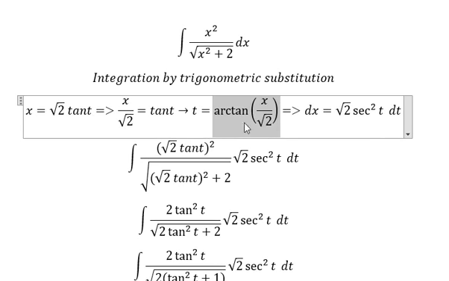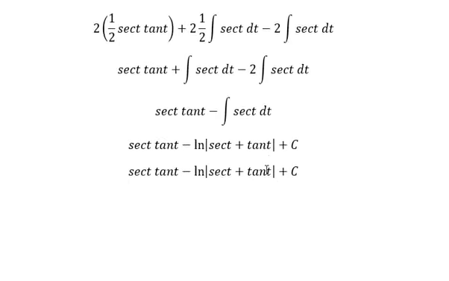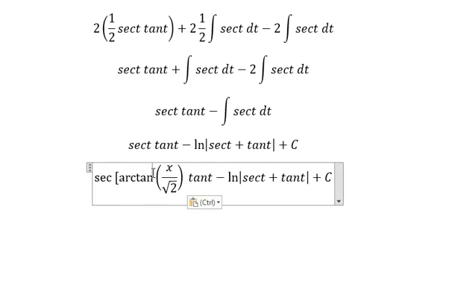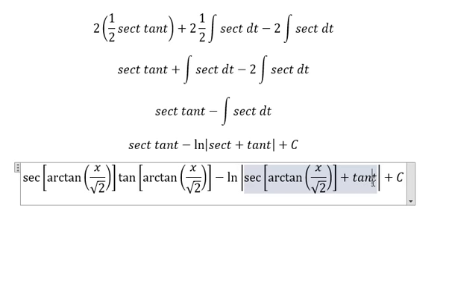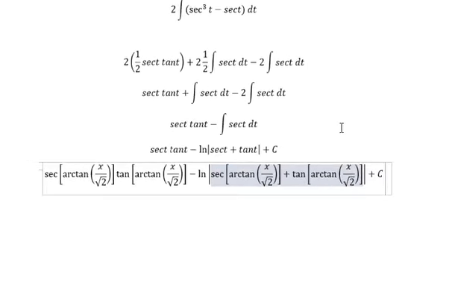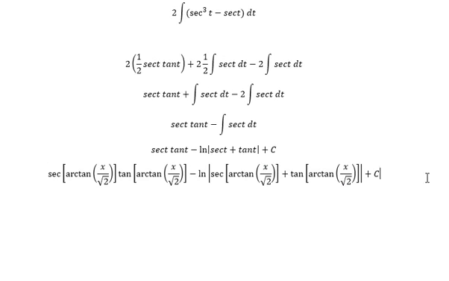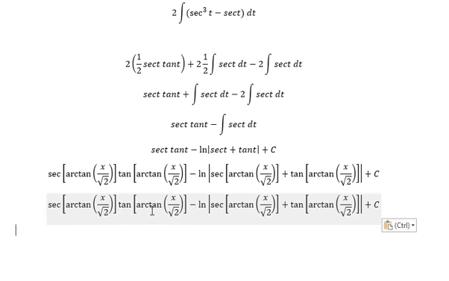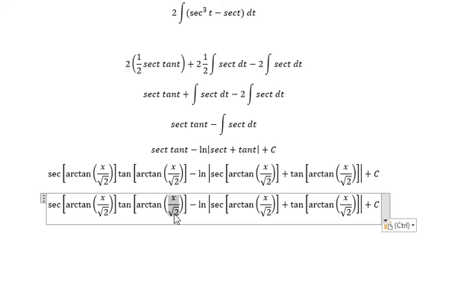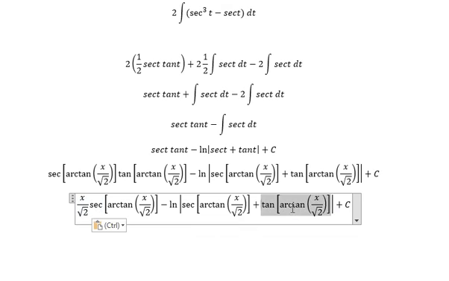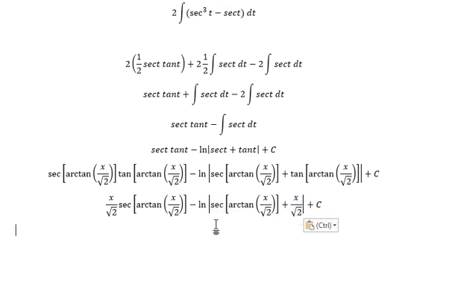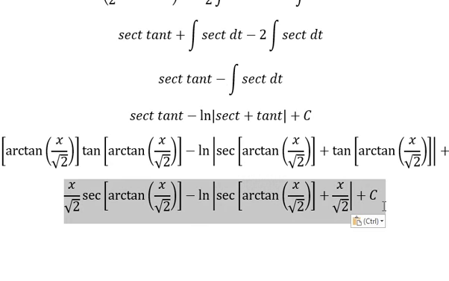So I will put this one to change for t. Next, tan with arctan, you get x over the square root of 2. Similar for this one. And here is the final answer.